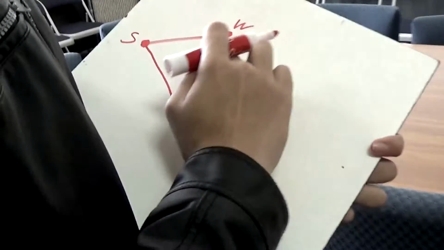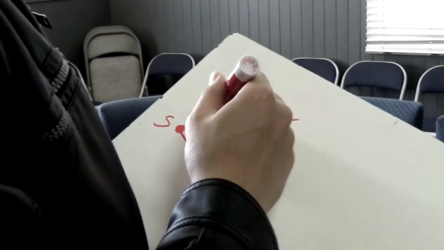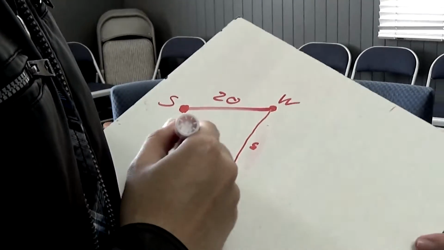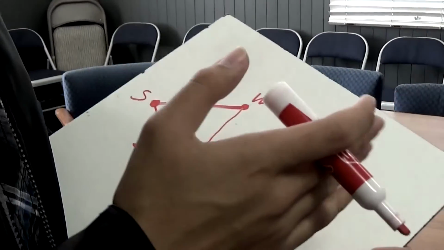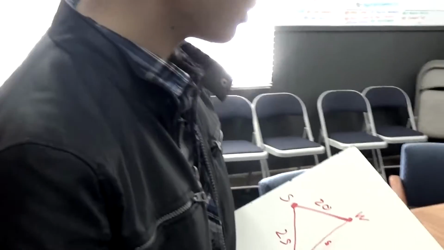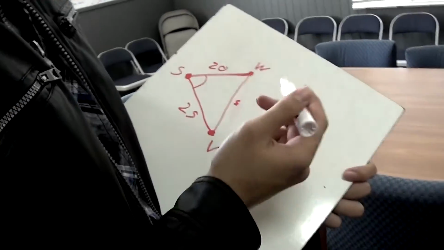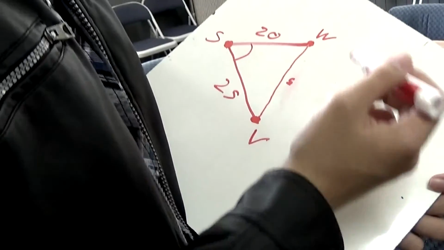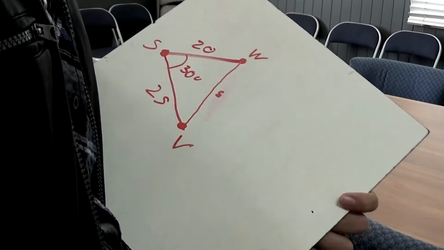Make that a lowercase s. He said 20 yards, 25 yards. Also, from our calculations, by how the bullet went into the victim's body, there was a 30 degree angle at point S between the witness and the victim. So that's something we do know. So let's try to figure this out.